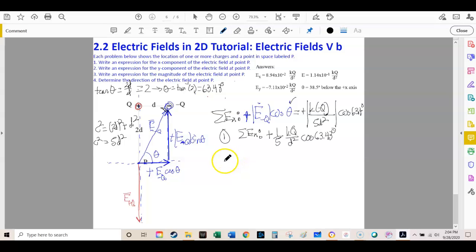All right. By doing that, we actually helped out doing the y direction stuff.